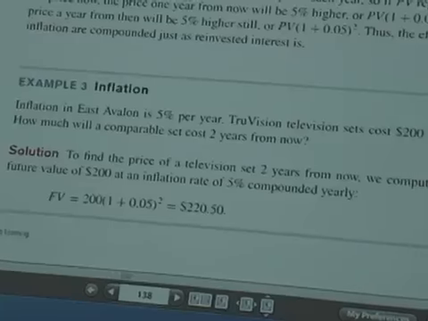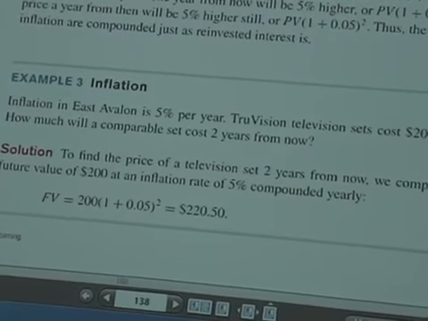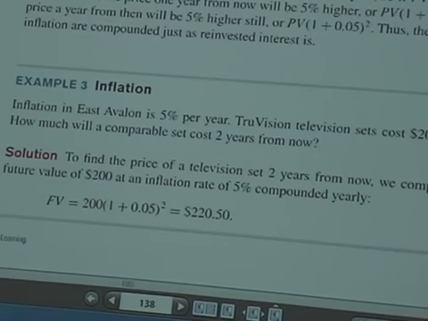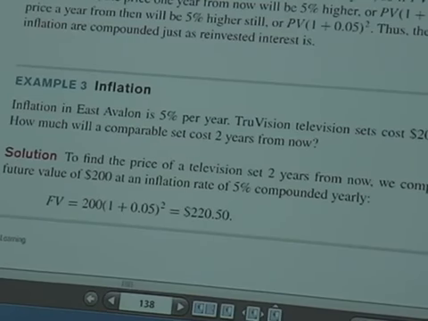So the price it is now increases by 5% after 1 year, and at the end of the second year, it's 5% of what it was at the end of the first year, right? So it's exactly the same thing as compound interest, and exactly the same formula will apply to inflation. I don't think they usually talk about inflation compounded monthly, but anyway, it's the same idea, okay?